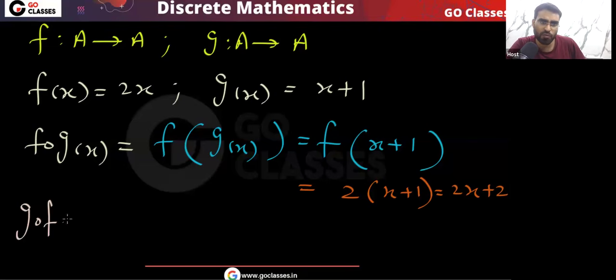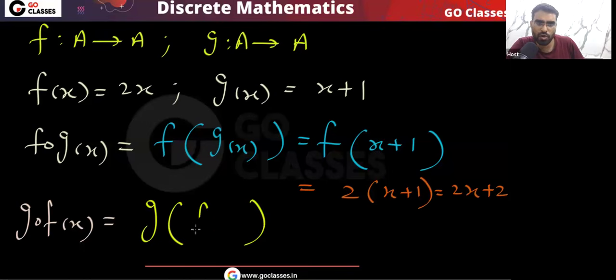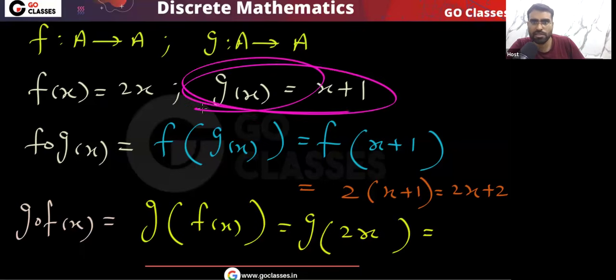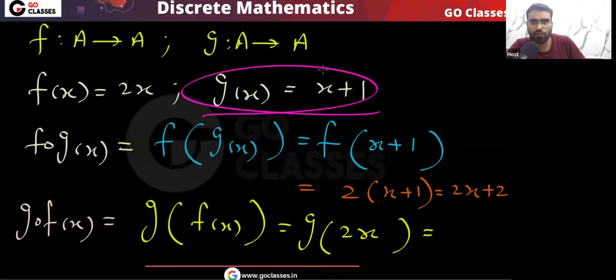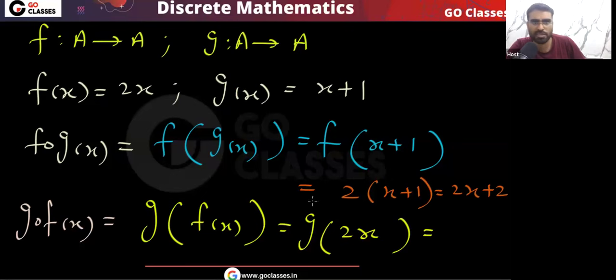What will be gof x? Gof x will be g of fx. What is g of fx? fx is 2x, so what will be g of 2x? Instead of x, you put 2x, so that will be 2x plus 1.